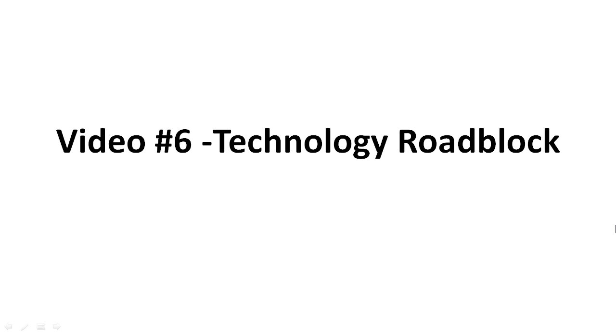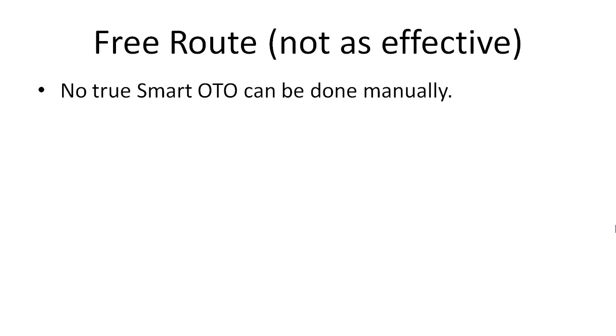But the reality of it all is this. The reality is that when it comes to setting it up for free or manually, it's not as effective. And what ends up happening through this process is no true smart one-time offer can be done manually. What ends up happening is when you begin to set things up, it ends up becoming and looking like a linear one-time offer.